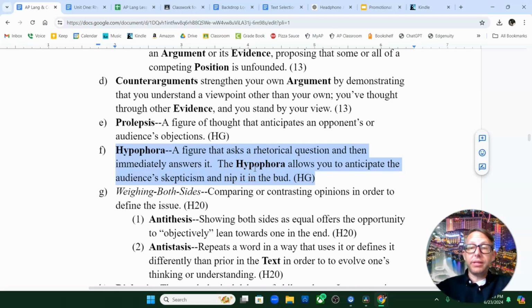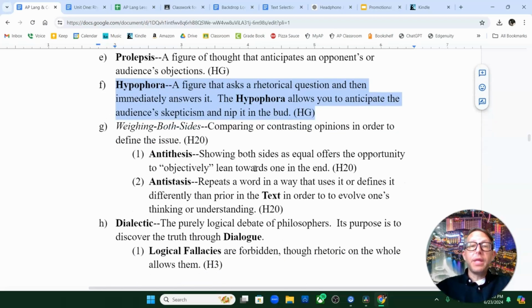So if you say to your audience or in your essay, I bet you're asking yourself right now, well, why is blah, blah, blah? Well, I can tell you that. So you know the kind of objections and concerns and problems that your audience is going to have, and you're phrasing them in the same way that they're being put into language in their own minds, but then you're going to go ahead and undercut that with all of your argumentation.